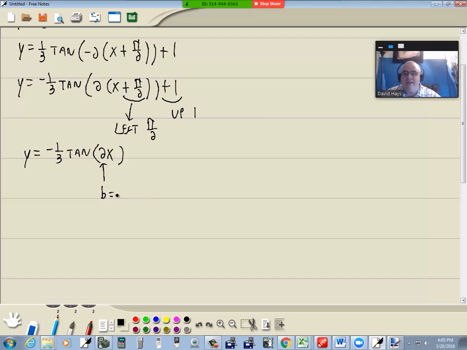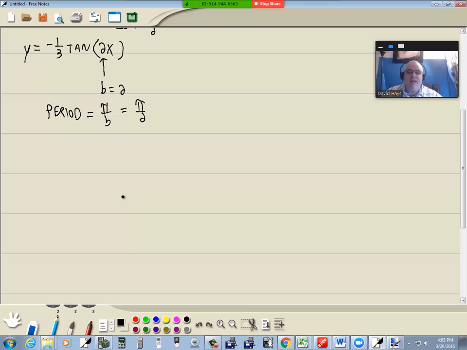Now our b is going to equal 2, and our period for tangent is pi over b. We just said b is 2, so we'll have pi over 2.